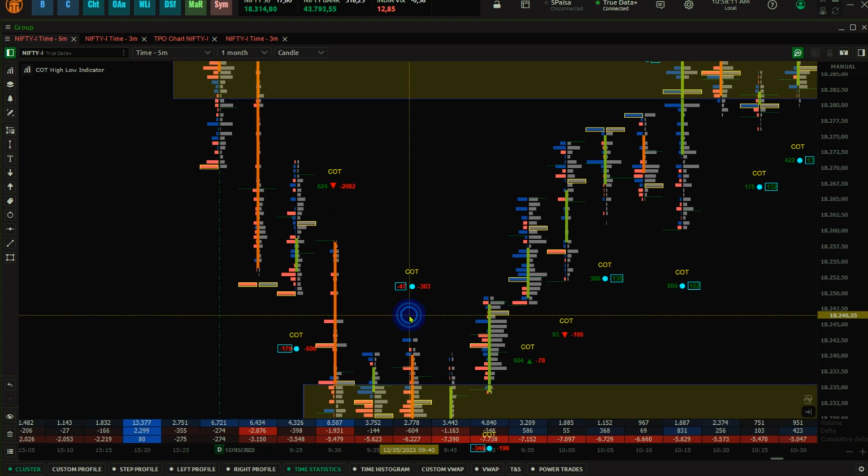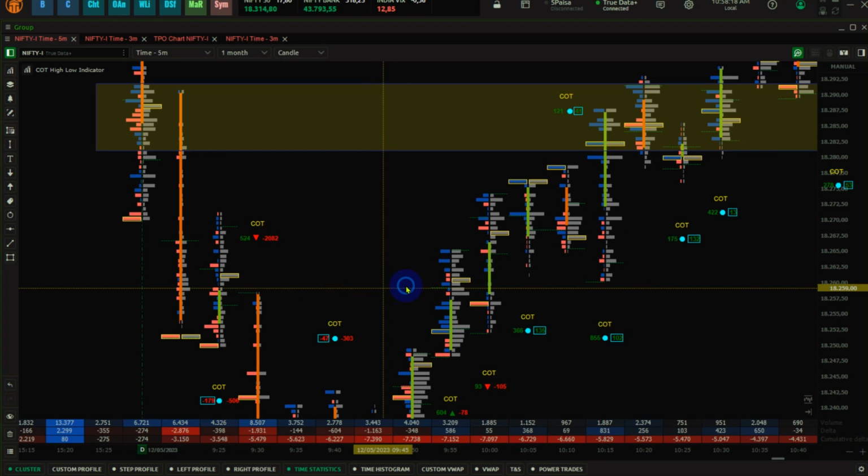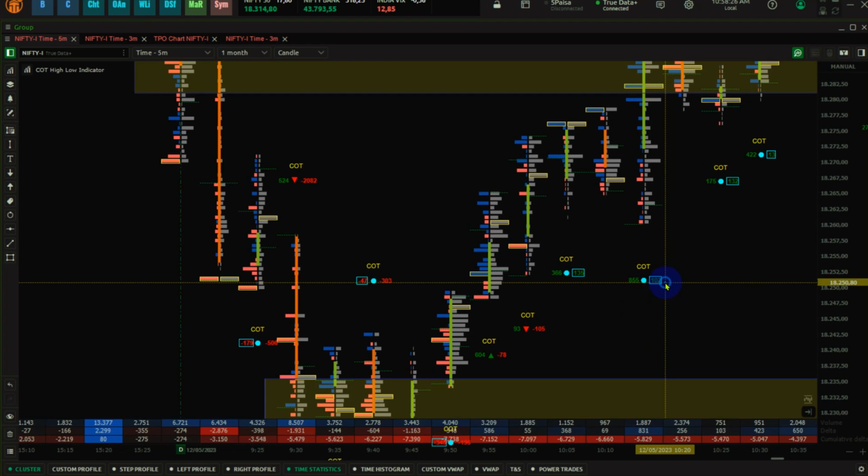And as the market keeps stepping up these high delta volume nodes, they start to liquidate these positions. So that, along with the buyers that have stepped in, is going to help the market auction higher at a really fierce pace.